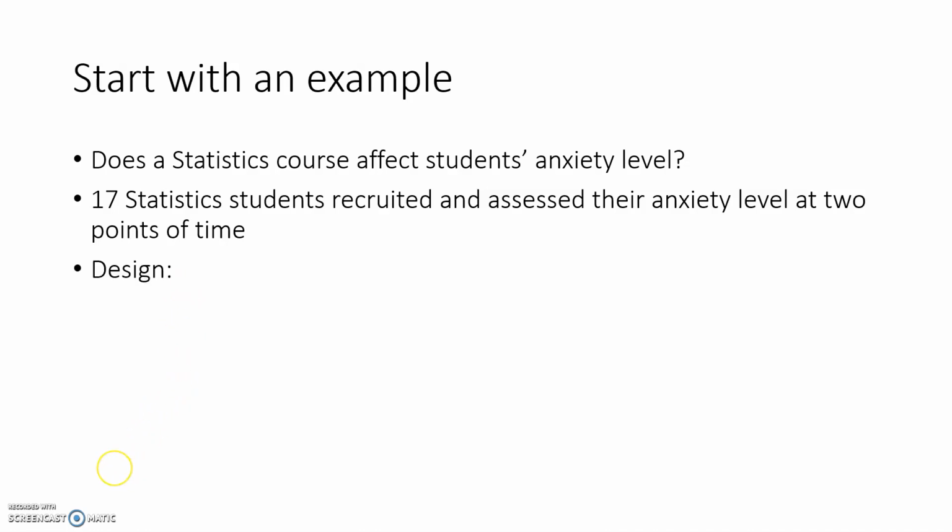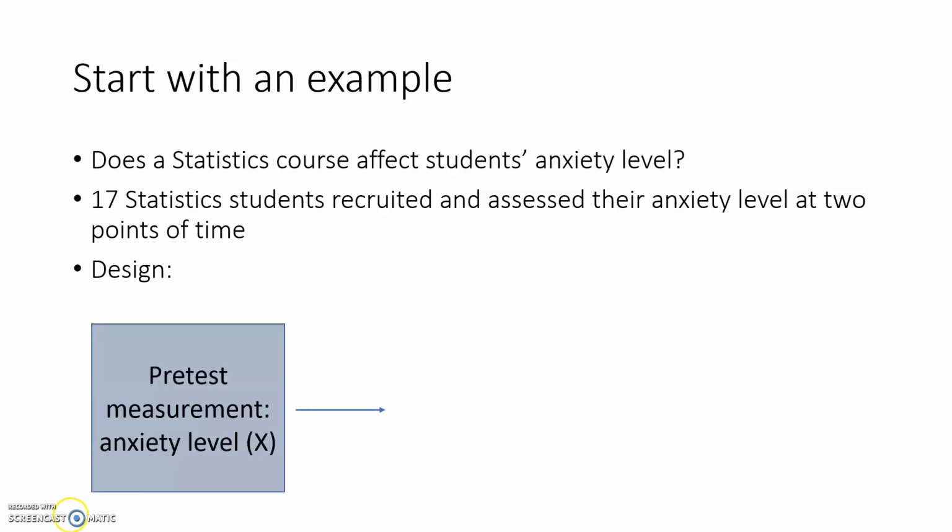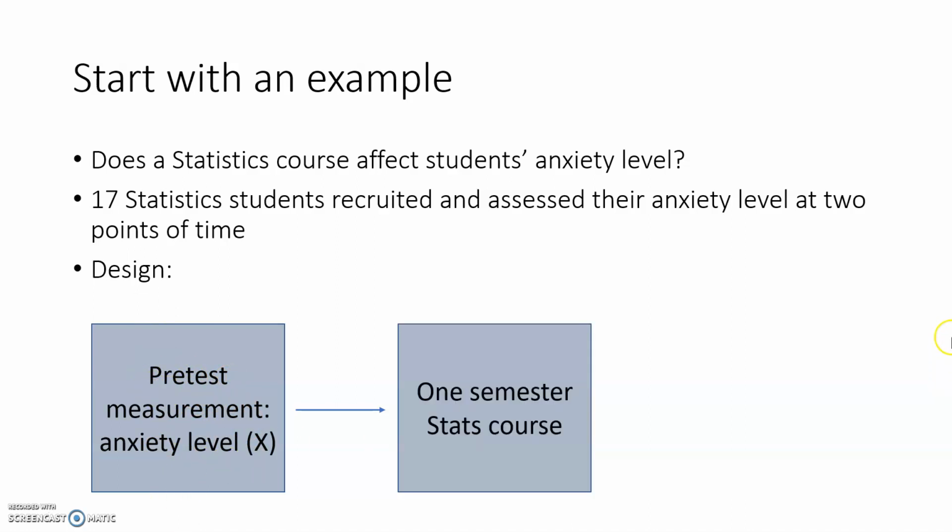The first point of time I'm going to assess their anxiety level is before my class, before my statistics class, okay? We call it a pretest measurement. We use X to represent the results for this pretest. And then here comes the torture.